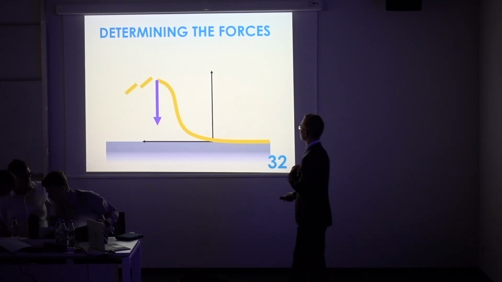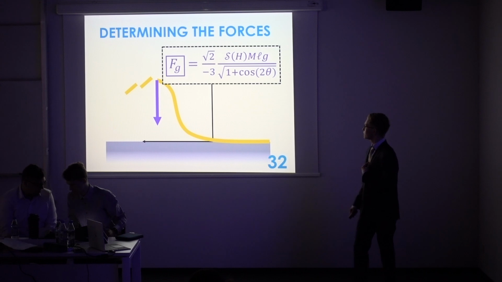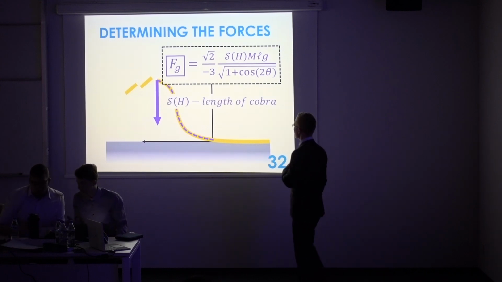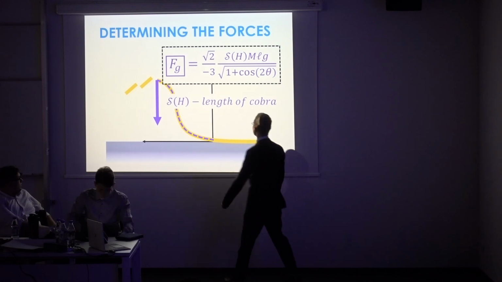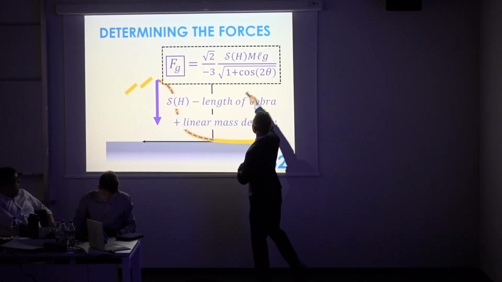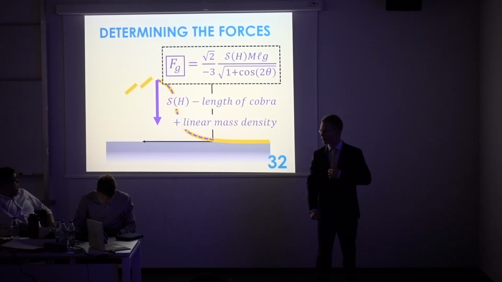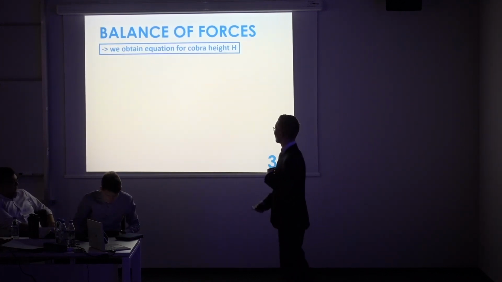With this, finally, we will focus on the gravitational force, which is this rather daunting formula. But we will see that there enters the length of the cobra and the linear mass density, from which this complicated term comes. It is from studying the geometry of the setup.